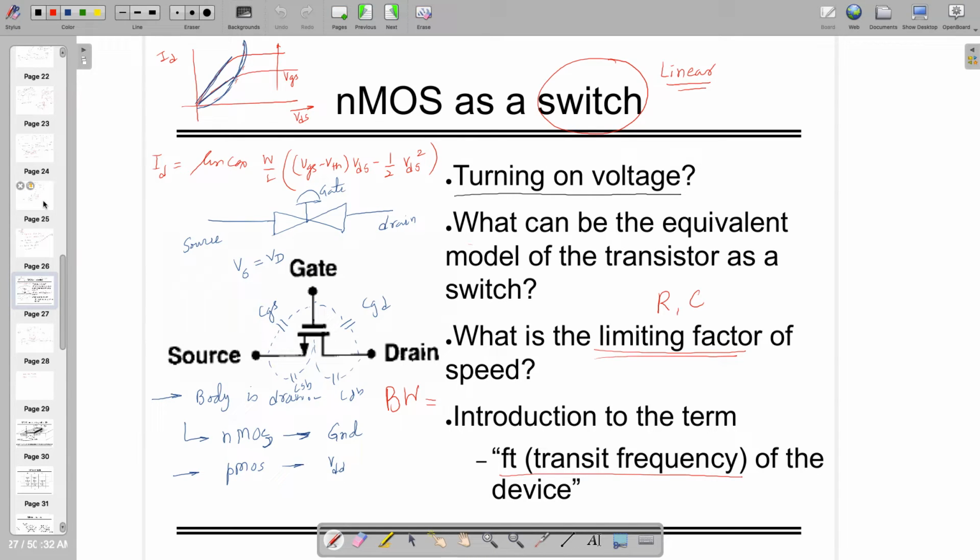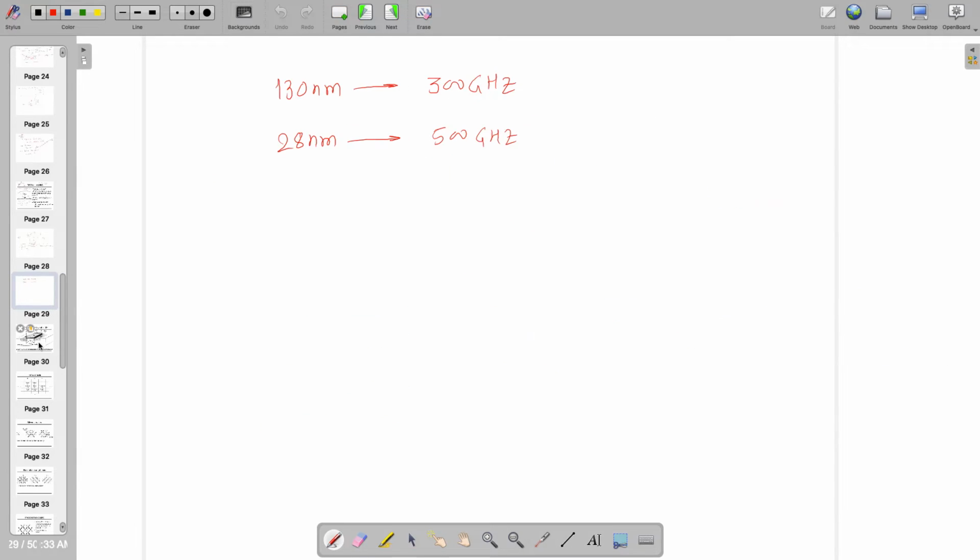Any doubt in understanding NMOS as a switch? We expect that if it is off, it has to be an open circuit, right? We want this open circuit, but because of overlap capacitance, there is a path from source to drain.